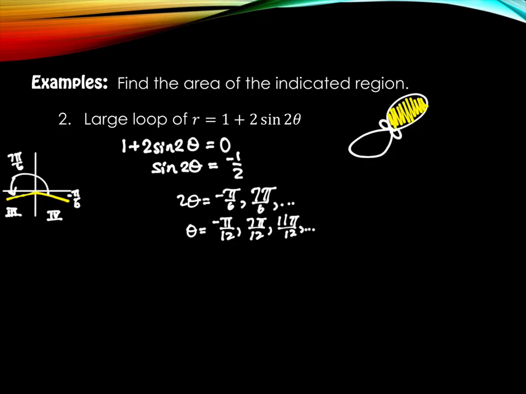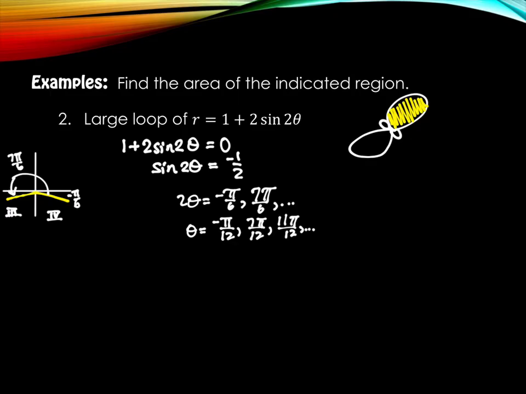So let's figure it out. Let's chart with the first 2 and see if they give us the right loop. Because some of these are going to give us the big loop, and some of them are going to give us the small loop, and our calculator is going to be able to help us to decide which is which. So I'm going to use the ones that were first mentioned, which was negative pi over 12 now, to 7 pi over 12. And I think that does give me the bigger loop.